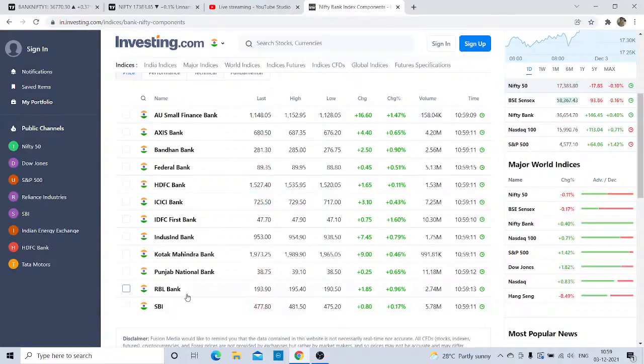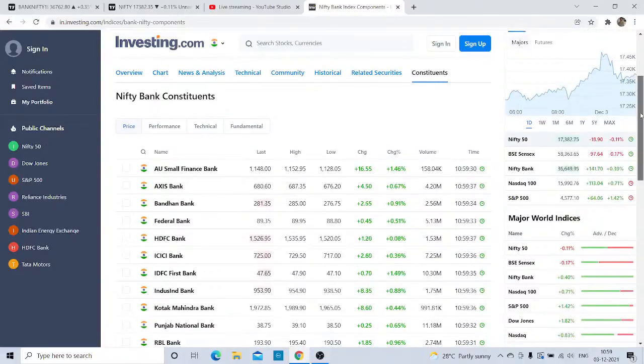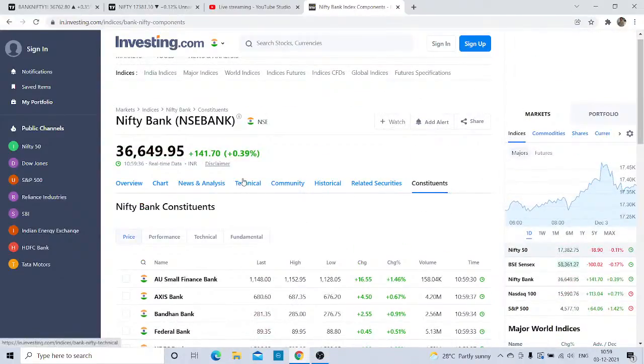SBI, RBL, PNB, Kotak, IndusInd Bank, IDFC First Bank, ICICI Bank, HDFC Bank, Federal, Bandhan, Axis, AU Small Finance Bank. All are in green. So 0.39% up.